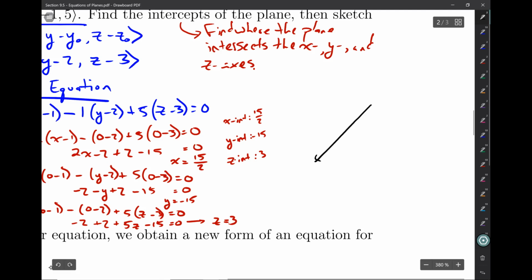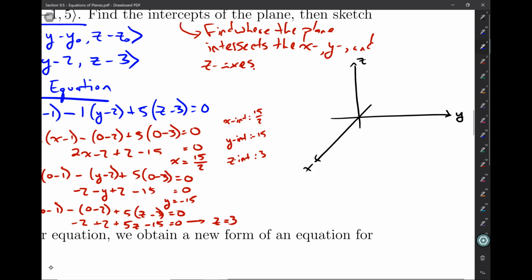So here's the positive x-axis, here's the positive y-axis, and here's the positive z-axis. Then one way to sketch a plane is to plot the different intercepts and then connect them like a triangle.